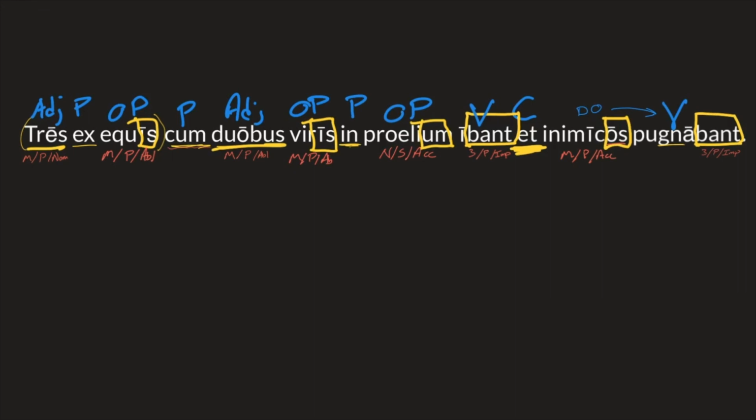So, 3 of the horses, and then another prepositional phrase, with 2 men, just with 2 men. With 2 men, in plus accusative is into battle, went.